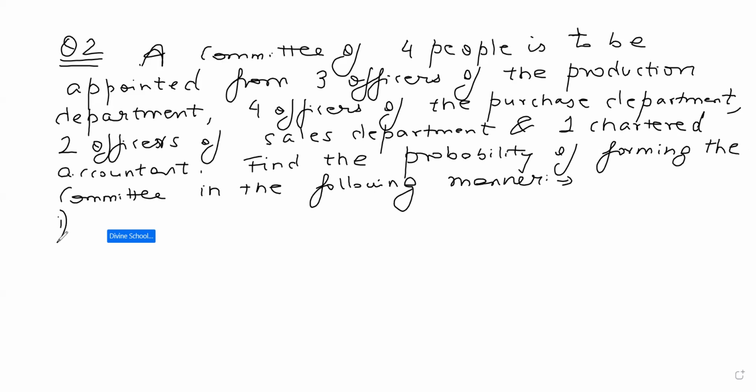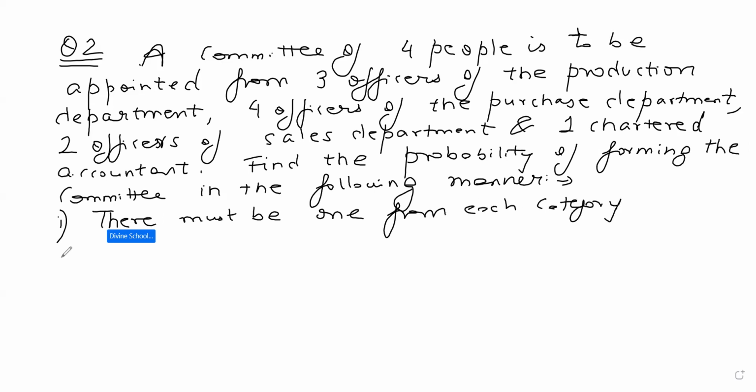Part 1 asks us, there must be 1 from each category. In the committee, there should be 1 from each category. Part 2 asks us, it should have at least, or let's do one thing.